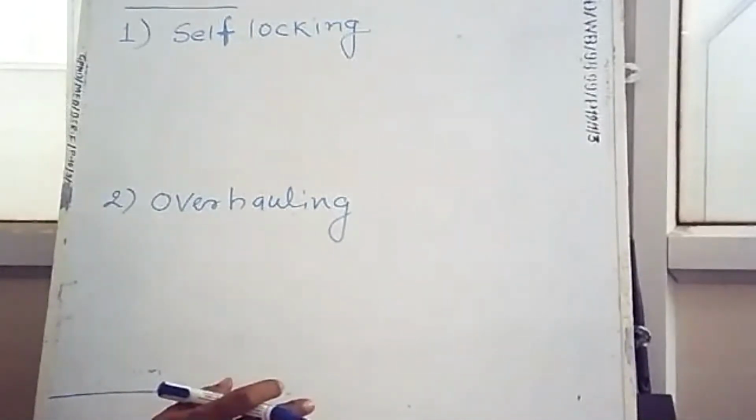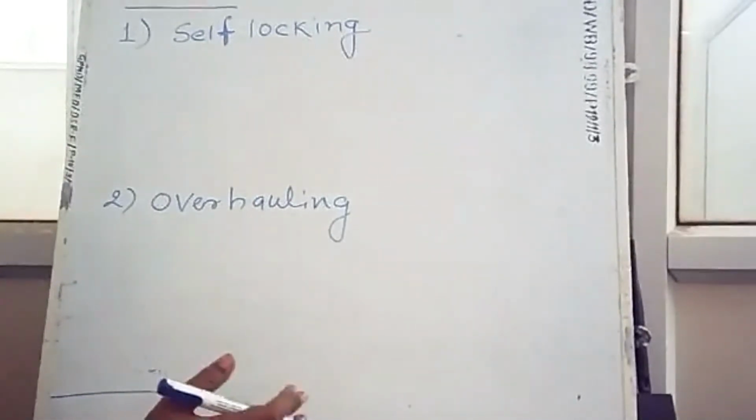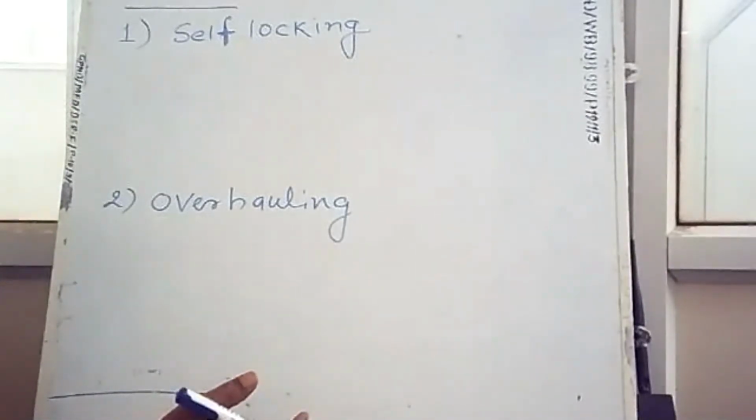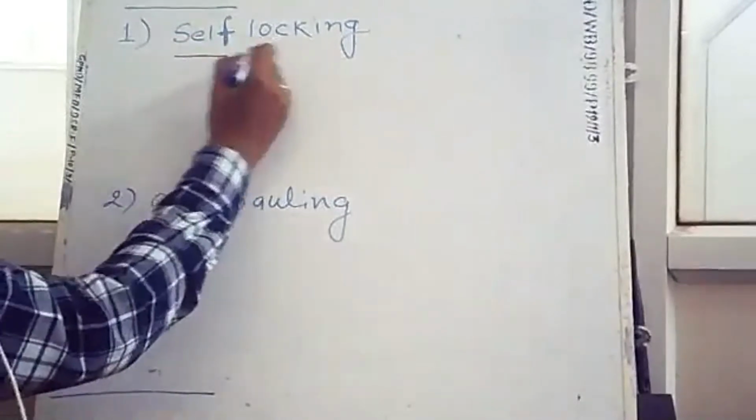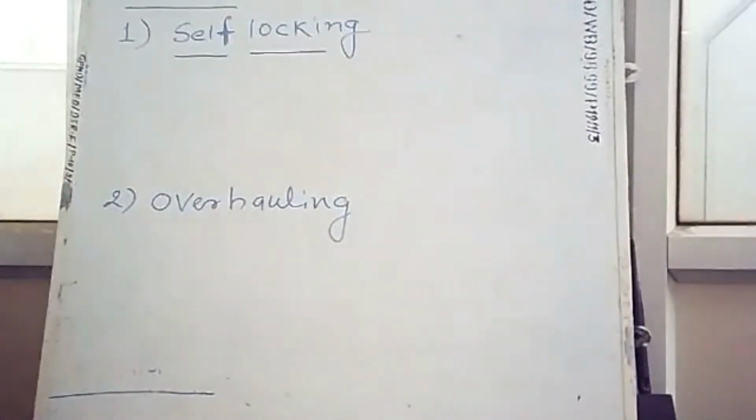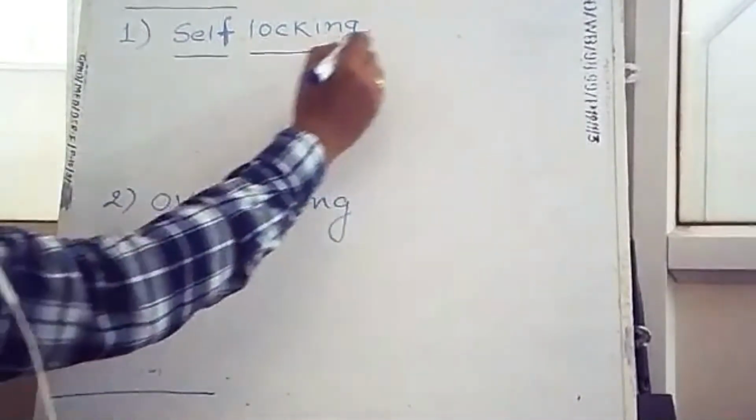By lifting the car using positive torque, W tan of alpha plus phi into d by 2, for the lowering torque, if the torque is zero or negative, the load will keep coming down automatically. So it should not happen. That is called the self-locking condition. So what is a self-locking screw?